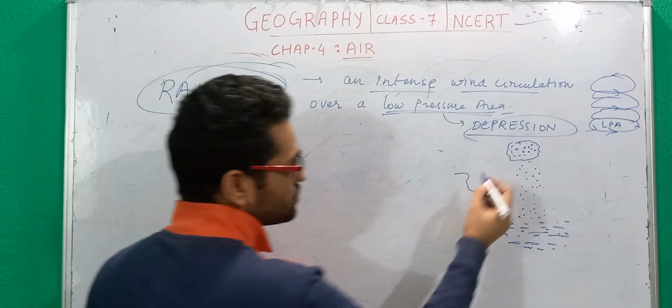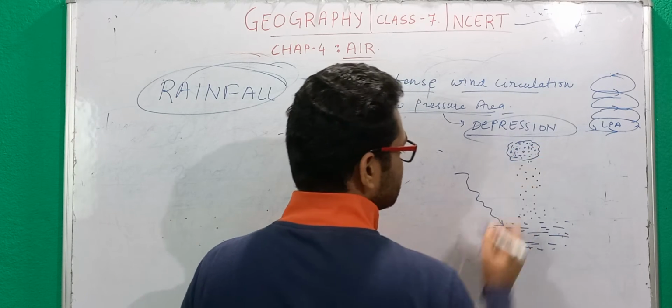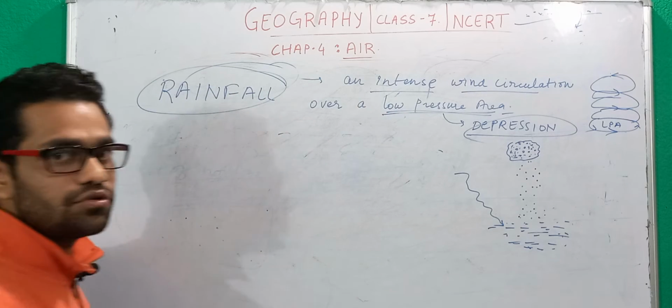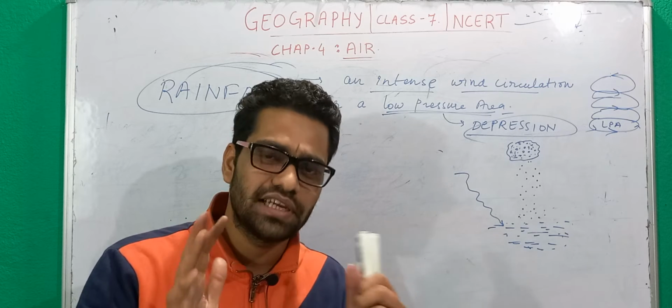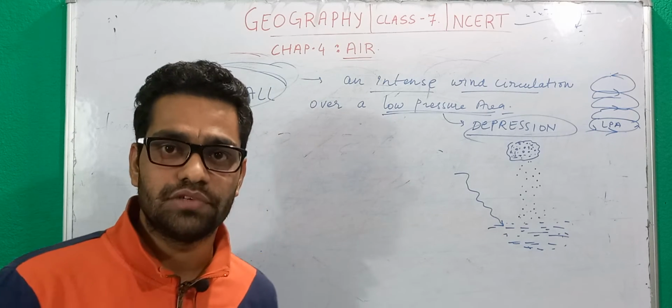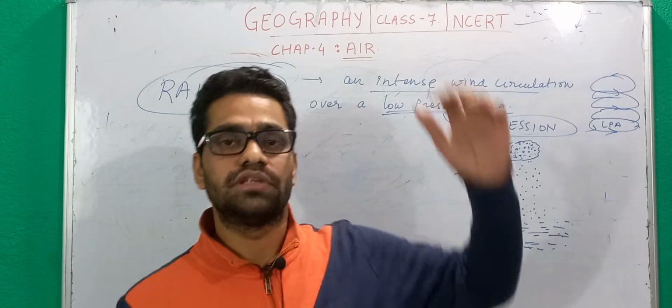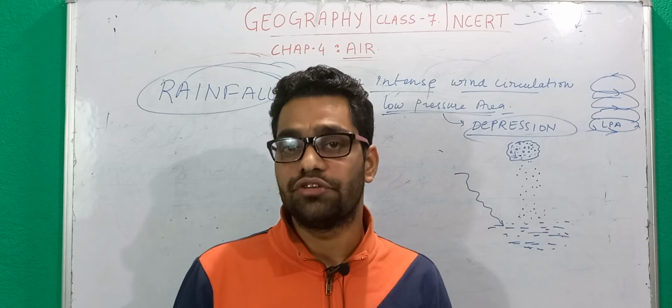When the concentration of water droplets in the cloud increases, the air will not bear that much amount of water droplets. Air always has some amount of water vapor, and when it goes up, this water vapor converts into liquid form.